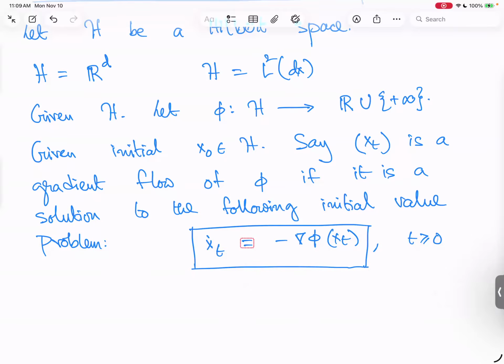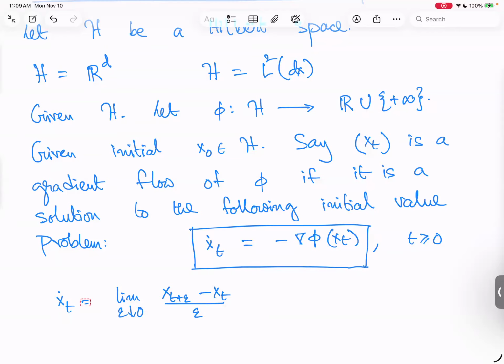Now, there are several things that one needs to understand here. One is, what is x dot t? Now, x dot t is easy to define. This would be the limit as epsilon goes down to 0 of x of t plus epsilon minus x of t divided by epsilon.